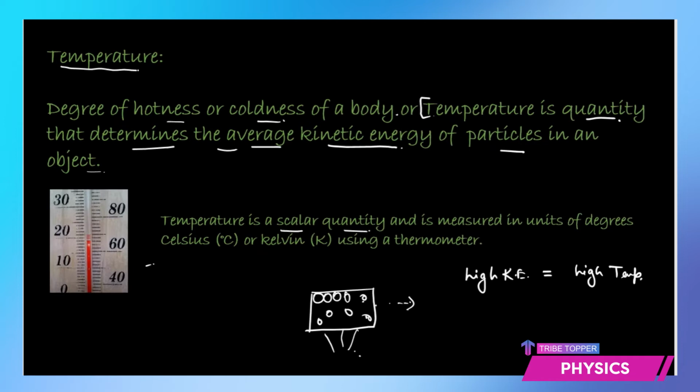We measure it in two units, Celsius and the Kelvin scale, using a thermometer. I'm sure you all know that we use a thermometer to measure temperatures. So we have a mercury thermometer. You can see here, the level rises when the temperature is higher. So this goes on expanding.